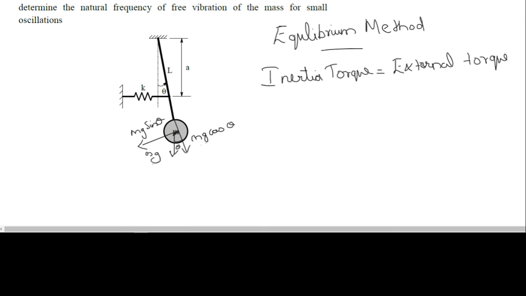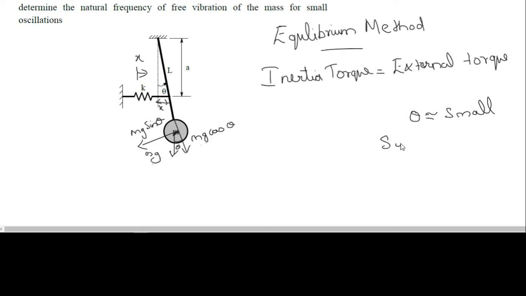And here the additional component is the spring. That spring will also have a displacement. Let that be x. For small oscillations theta, we can make two approximations.